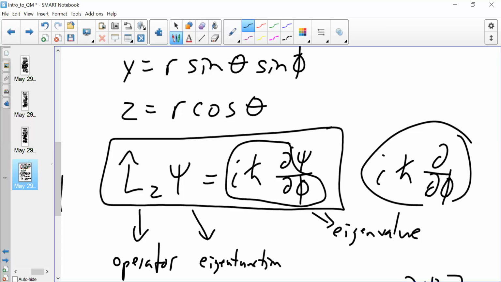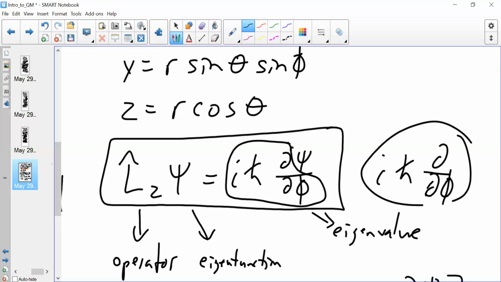We won't do those, but I just wanted to tell you that this LZ, the quantum mechanical version of angular momentum, produces a series of possible solutions dictated by the orbital quantum number m, because n was already taken for energy, right?